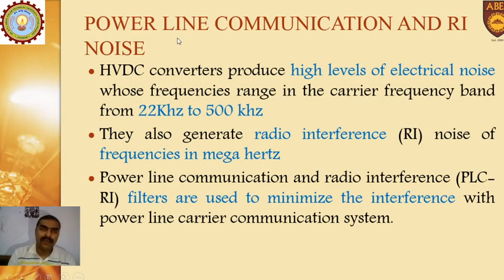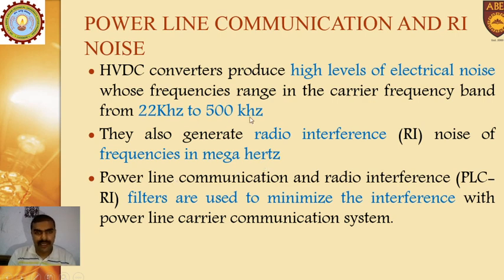Then another type of filters are the power line communication and radio interference noise filters. The HVDC converters not only produce harmonics, but also a high level of electrical noise, in the frequency range of around 22 kilohertz to 500 kilohertz. They also generate radio interference noise in the range of megahertz frequencies.